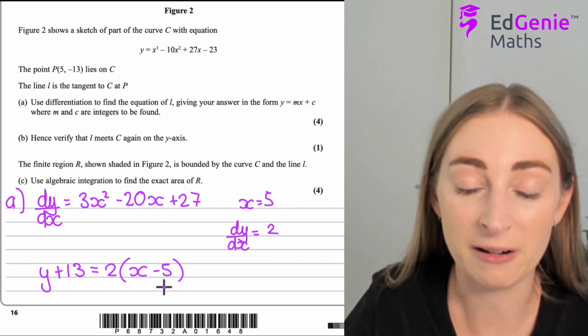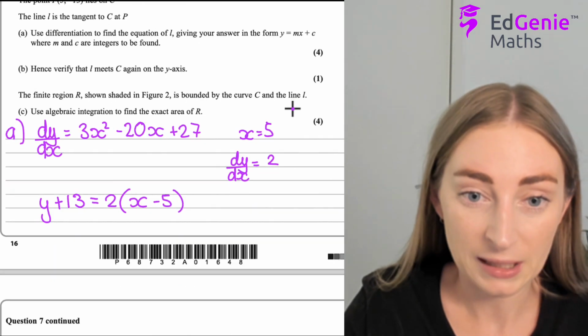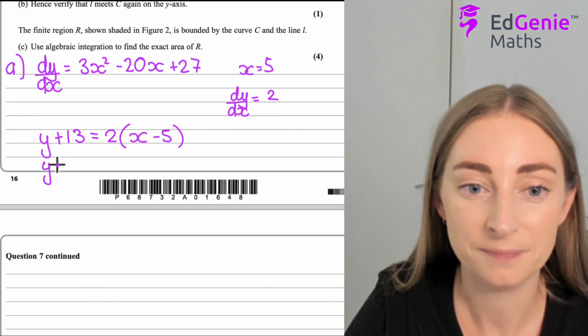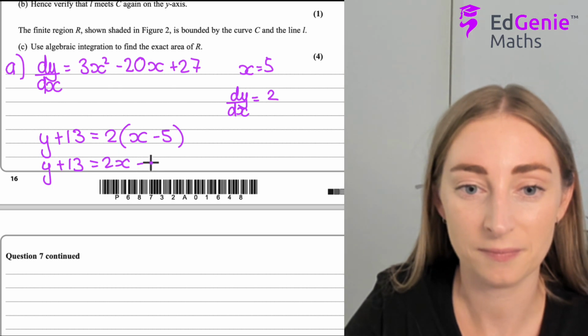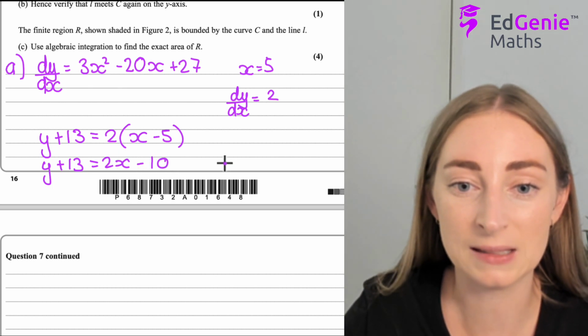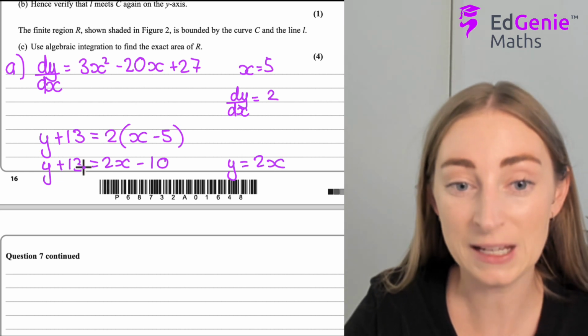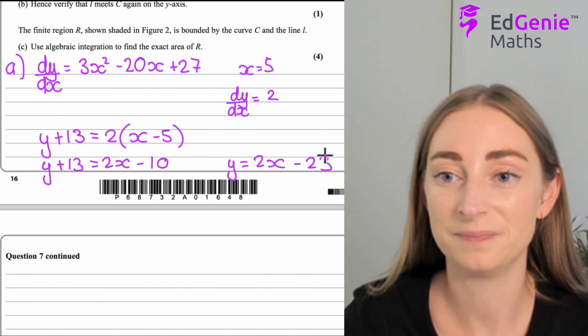So this would be our answer, but they want it in this form. So we're going to have to do a bit of rearranging. Let's multiply that 2 out. So that means y is going to equal 2x, take away 13 from both sides, minus 23.